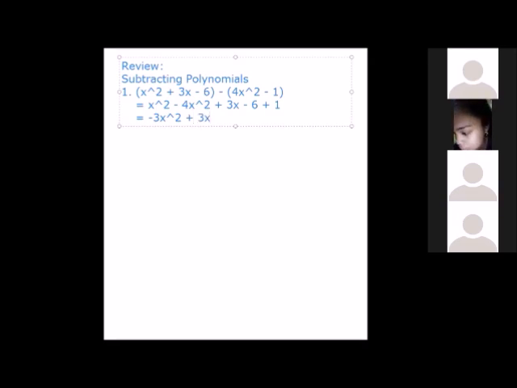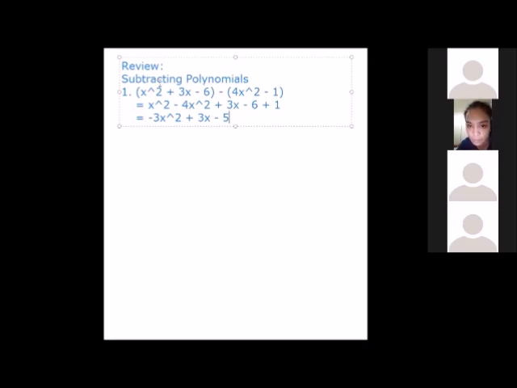And then Jude, can you share with us what is the sum of negative 6 and 1? That is negative 5. Yes, very good. So negative 5. Thank you, Jude. So here you go. x squared plus 3x minus 6 minus 4x squared minus 1 is therefore equal to negative 3x squared plus 3x minus 5.